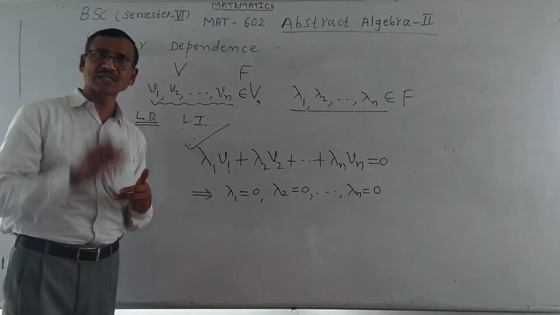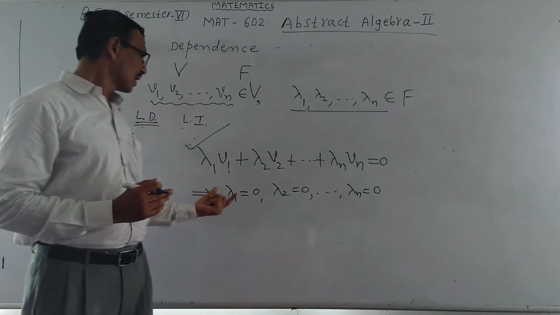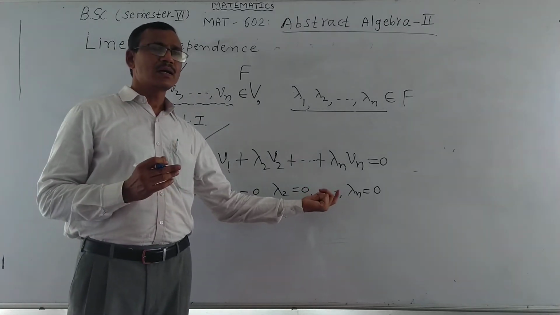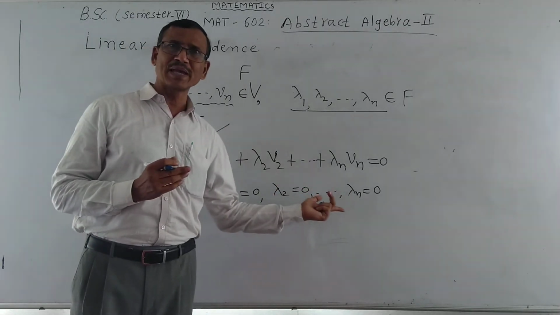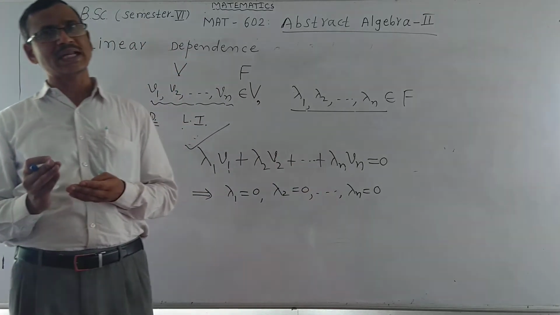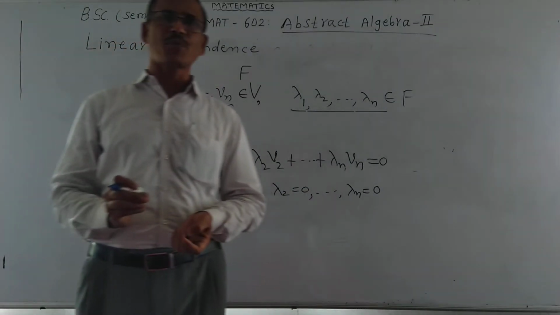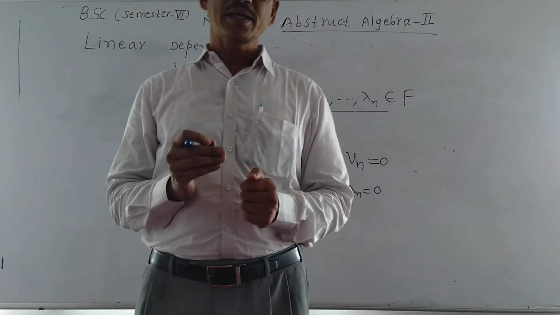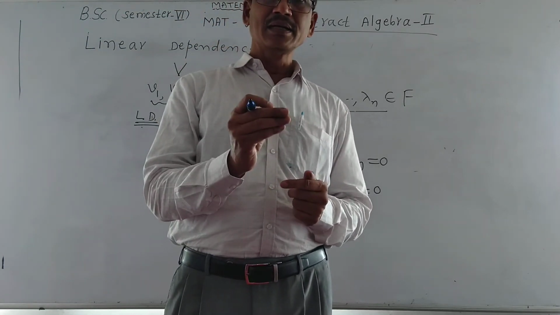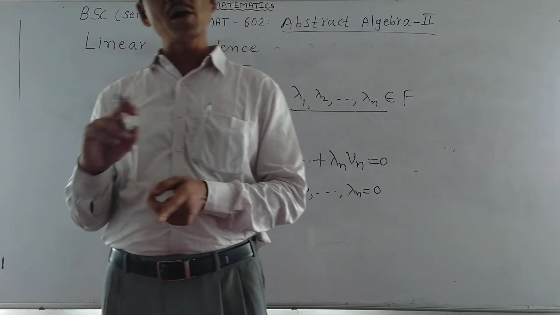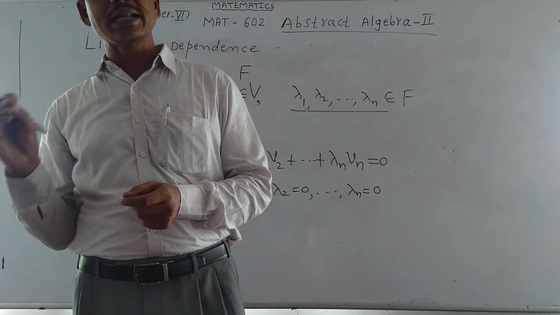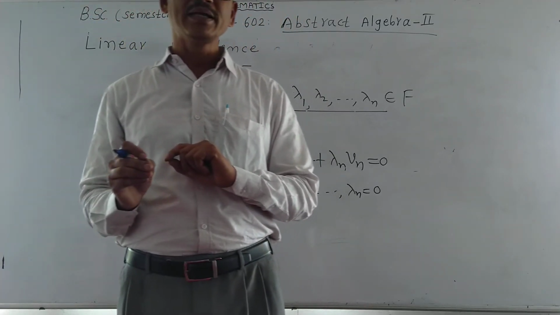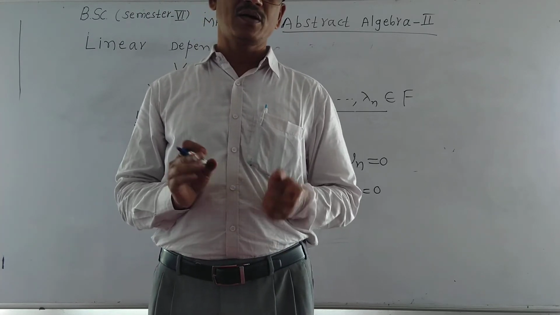Any one of these must be true, because any one scalar is non-zero or all may be equal to 0. Therefore every set of vectors is either linearly dependent or linearly independent. If it is linearly dependent, it should not be linearly independent. If it is linearly independent, it should not be linearly dependent. Is it clear?